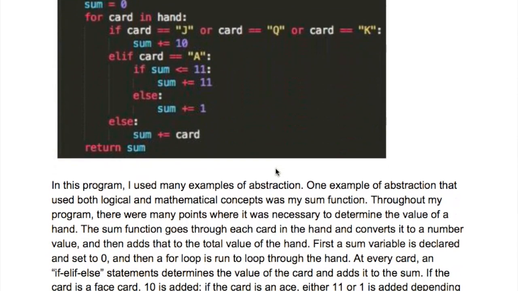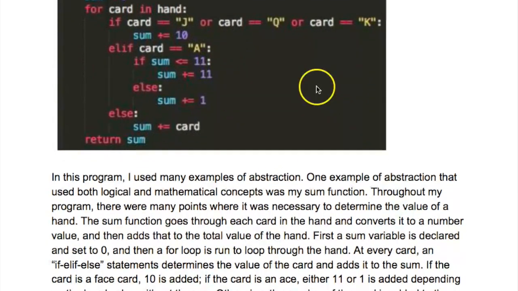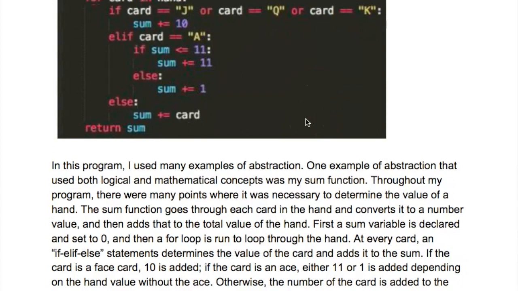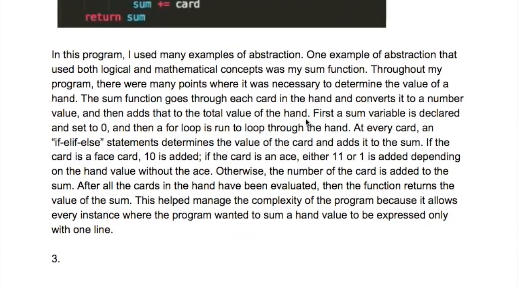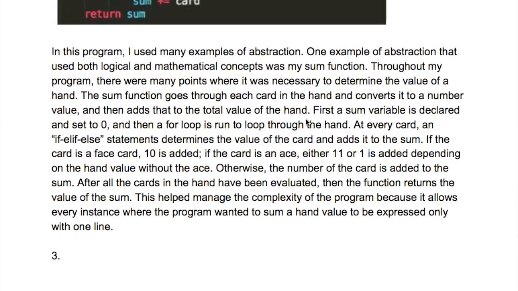2D, you're talking about an abstraction. You're going to include the picture of the abstraction. You're going to put a rectangle around it. And the thing about this section that you need to have, you need to also have mathematical or logical concepts shown in here as well. But you need to explain your abstraction and what it does, and how it manages the complexity of your program.